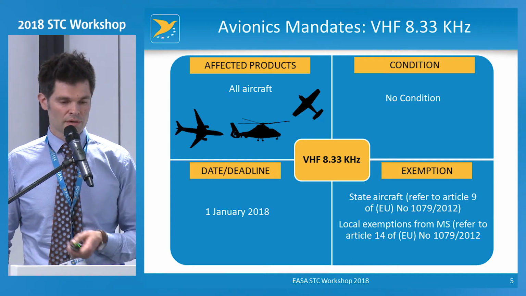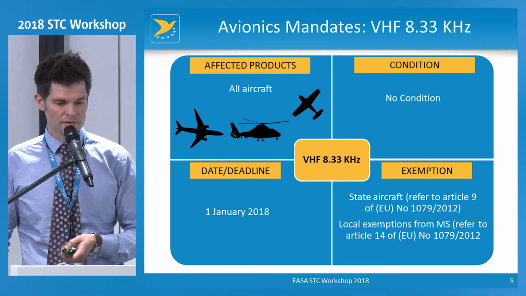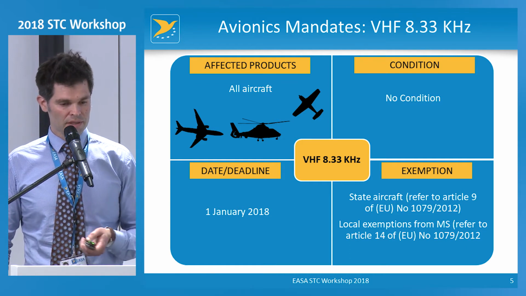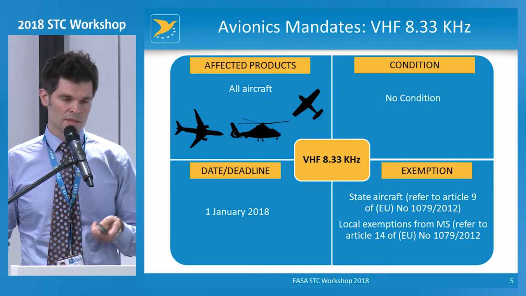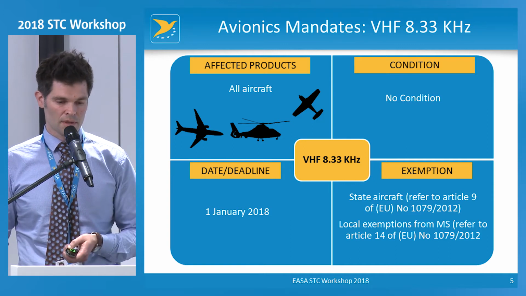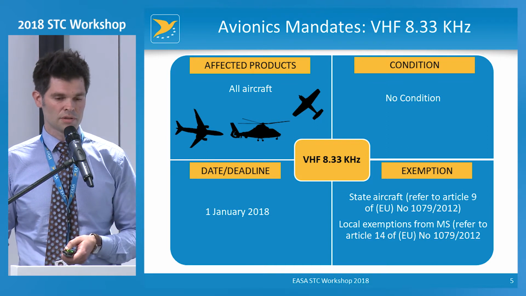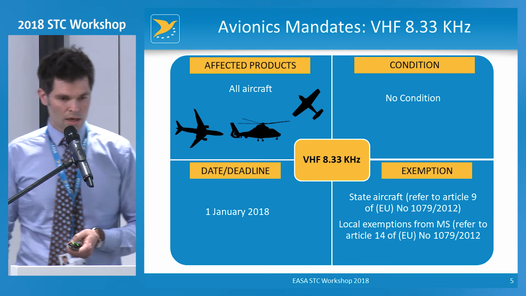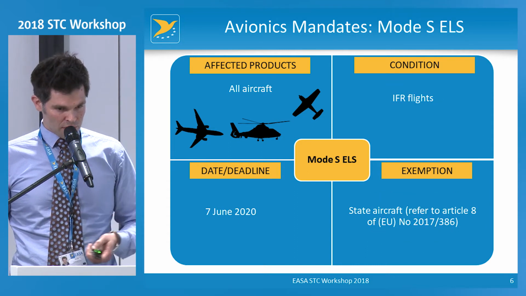There are exemptions here for state aircraft, for special arrangements for state aircraft, and also member states can grant local exemptions, especially for VFR flights. But please again refer to the appropriate article in the regulation. Then we have all the mandates related to transponder.